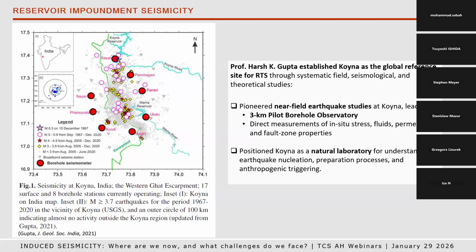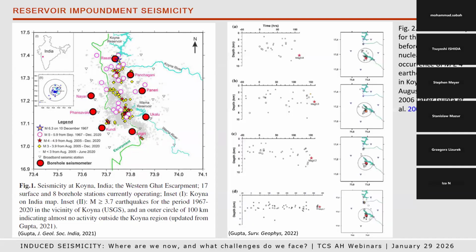Also, a lot of knowledge about the changes in rocks and also changes in permeability and porosity. So in some cases, you see on the right side, the group was able to identify the seismic deformation before stronger earthquakes.